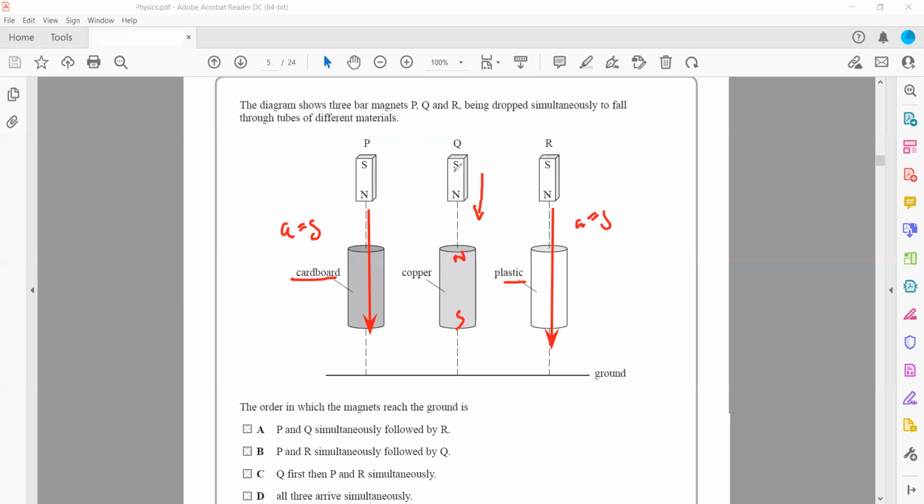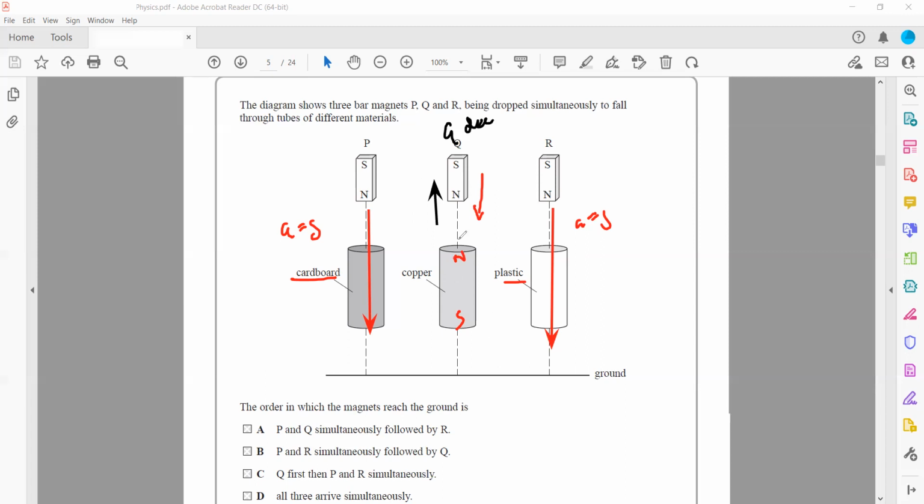So when it is trying to oppose, there is a force on the magnet in the opposite direction to which it is moving. So this acceleration will decrease compared to P and R. They will have constant acceleration, or speed will change at a constant rate. So the question is the order in which the magnets reach the ground, because for cardboard and plastic, they both have the same acceleration, so they will have the same change in speed.